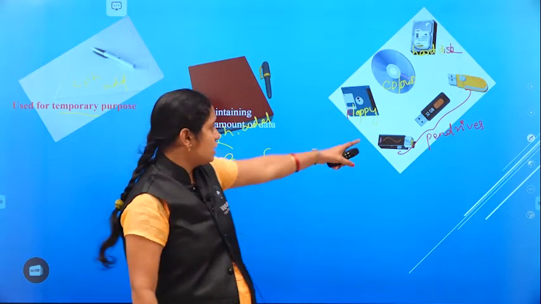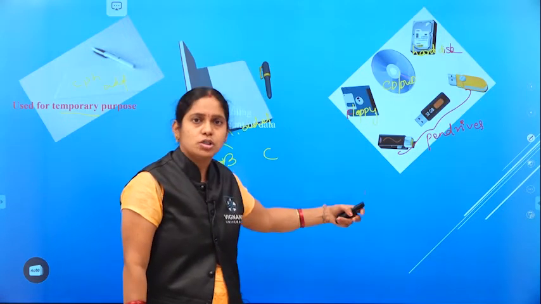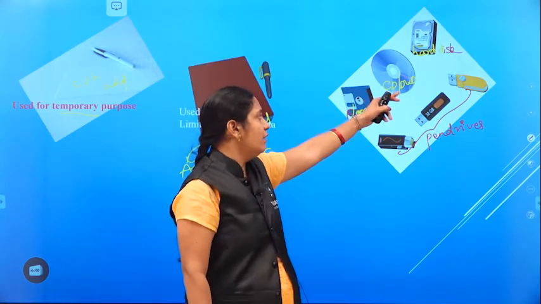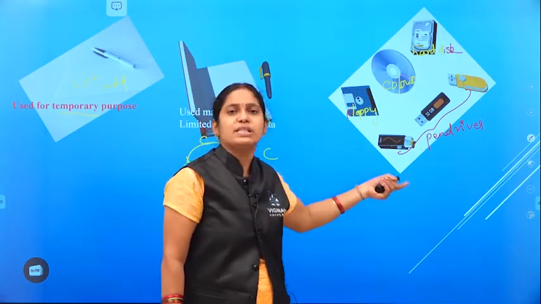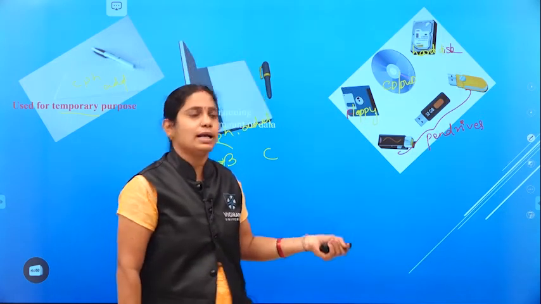Right. So these components we prefer to maintain the information. So you can make a copy of those into a floppy, into a DVD or into a hard disk or pen drive. So based on the content how much you have, we choose one of the specific devices or drives to copy our content. Once you copy the content in one of these devices, it will not be treated like a book or a paper.